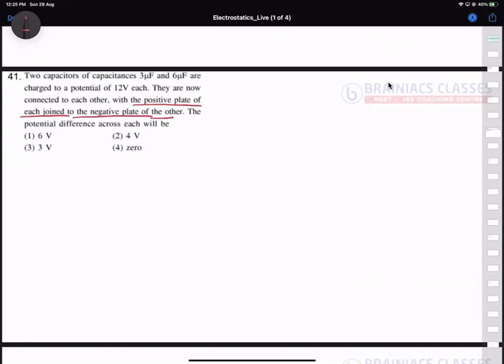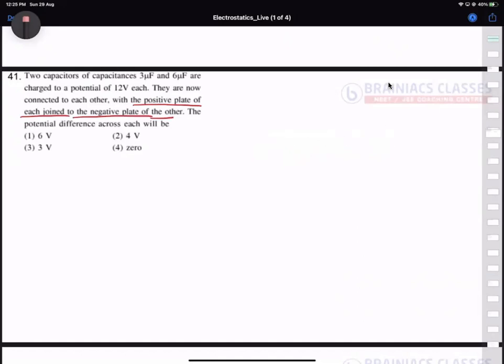Which means what? Normally in a capacitor connection it is positive, negative, positive, negative. So let me go from the beginning of the question.